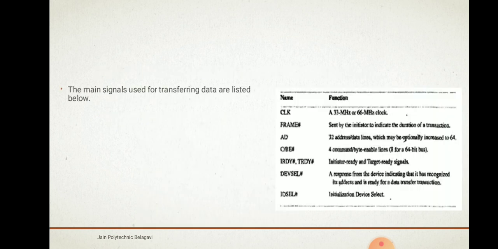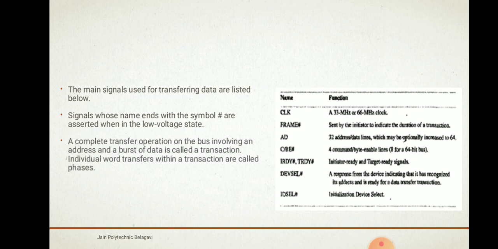Now the main signals used for transferring data are listed below. These are the signals used in the PCI bus: the CLK, FRAME#, AD, IDSEL, DEVSEL#, and so on. Signal names that end with the symbol hash are asserted when in the low voltage state.